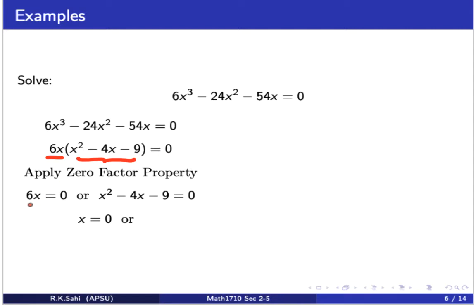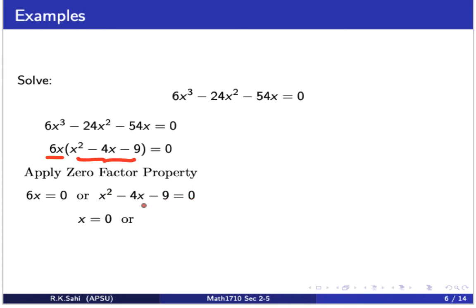When 6x equals 0, automatically x is 0. But to find what x satisfies this quadratic equation, x squared minus 4x minus 9 equals 0, we can apply the things we have learned earlier.